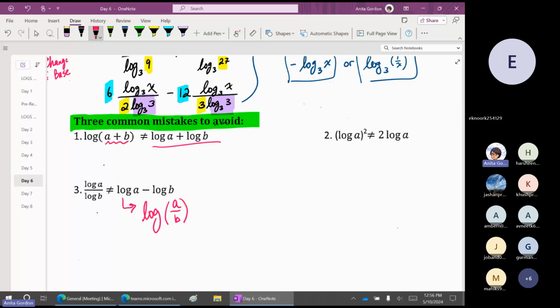This is log A over B, not log A over log B. This is correct. This is incorrect. This is incorrect. This is correct.